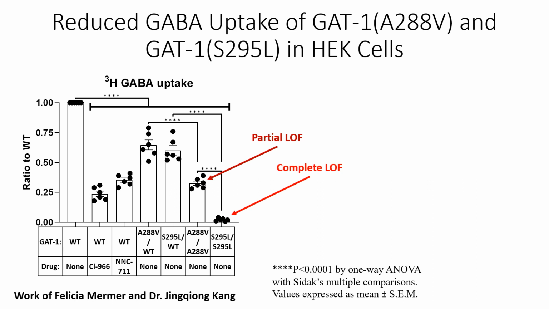Then for S295L, if you only express that, they can't take up any GABA. If you express A288V, that's on the very right, there's about a 75% reduction in how much they can take up GABA. And then if you express 50% wild type and 50% one of the different variants, you can see that the uptake is still significantly reduced from a complete wild-type expression.